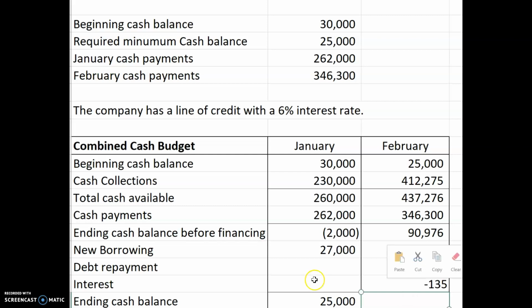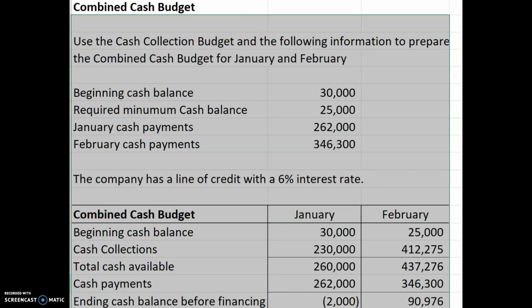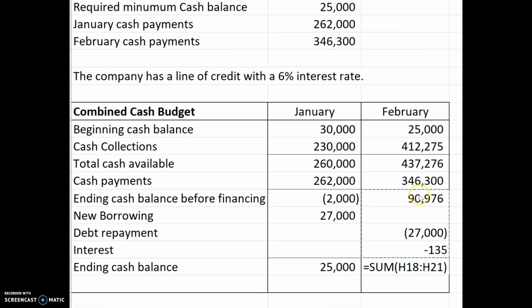So our ending cash balance then would be the $90,976 minus the $27,000 to pay off our line of credit, minus the $135 in interest we have to pay on the line of credit.